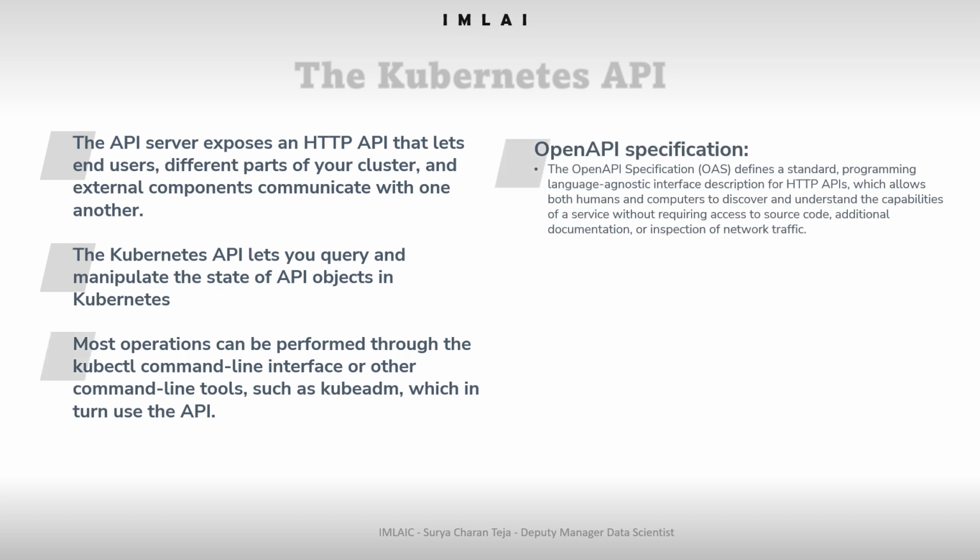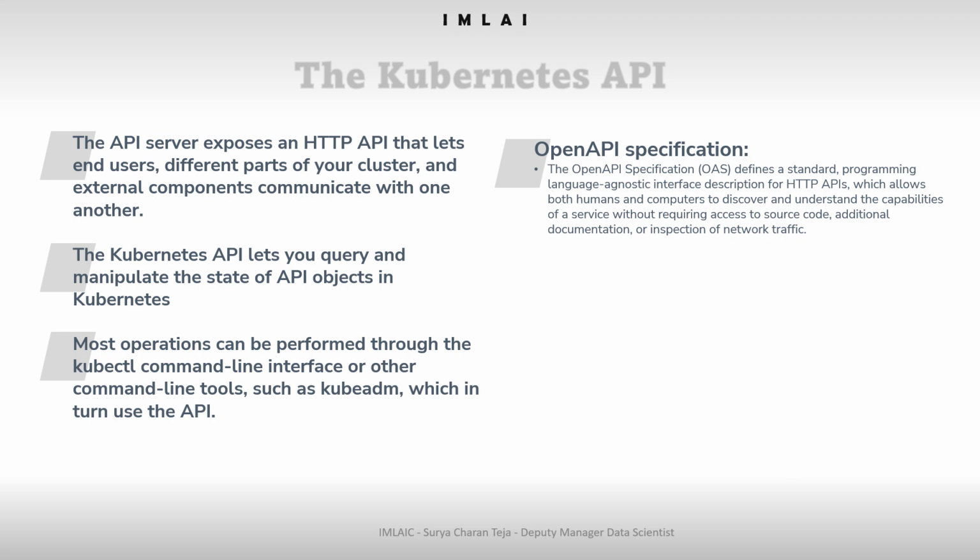So, the OpenAPI specification. The OpenAPI specification (OAS) defines a standard, programming language agnostic interface description for HTTP APIs, which allows both humans and computers to discover and understand the capability of a service without requiring access to source code, additional documentation, or inspection of network traffic.